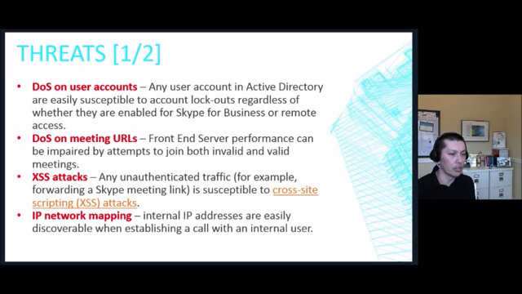Another type of issue is IP network mapping. So when you're setting up a meeting with an external party and you're internal, whether it's audio, video, or application sharing, there's going to be a list of candidates exchanged through your STUN, TURN, or ICE protocol. That's a negotiation to establish the media traffic.